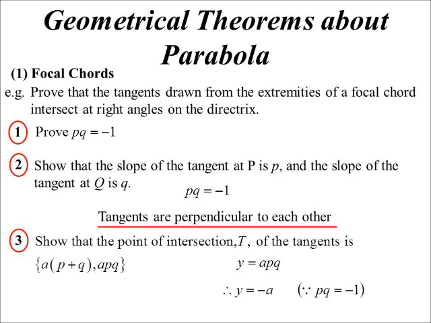So if I substitute that in, y becomes -a. Well, the equation of the directrix is y = -a, so therefore, this point doesn't matter what the x value is. We know the y value is -a, so it must lie on the directrix. And so to combine the two together, that means they meet on the directrix at right angles.